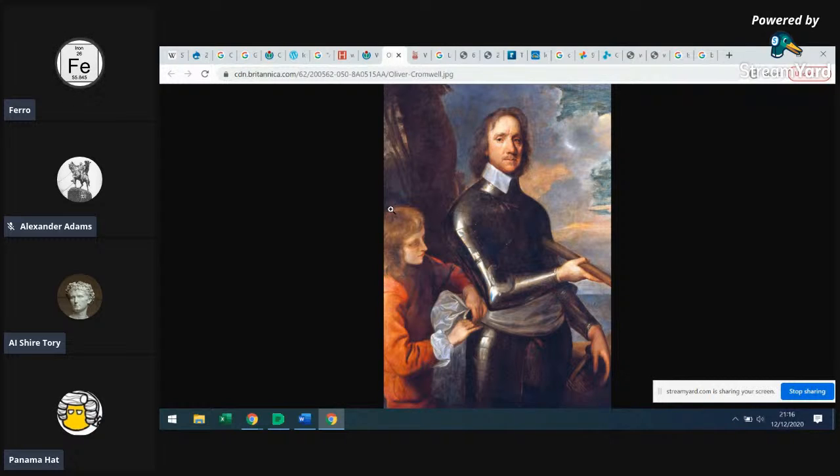I guess it's only a relatively short reign of 6 years or so, but of course this is one of the more famous ones. But again, you can see him with his rod of authority, his suit of armor, but instead of the kind of ruff, you've got the plain Puritan collar coming through.